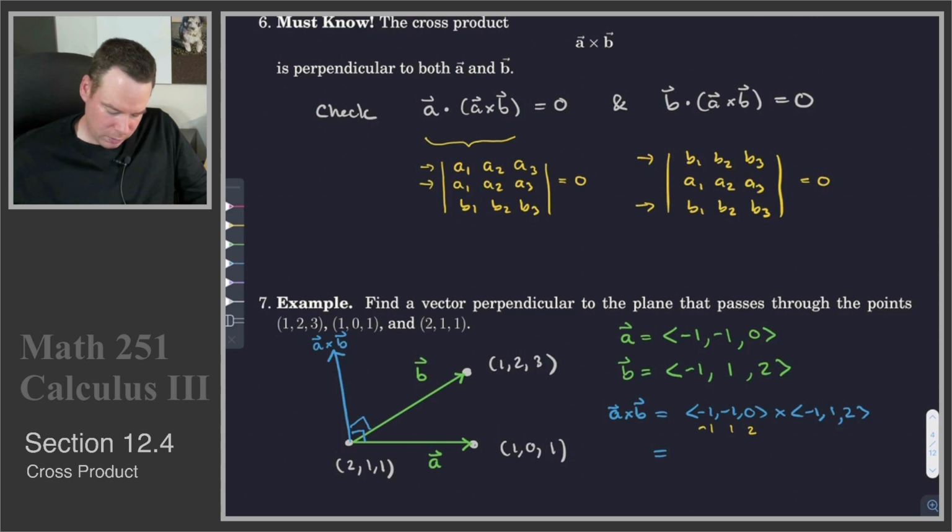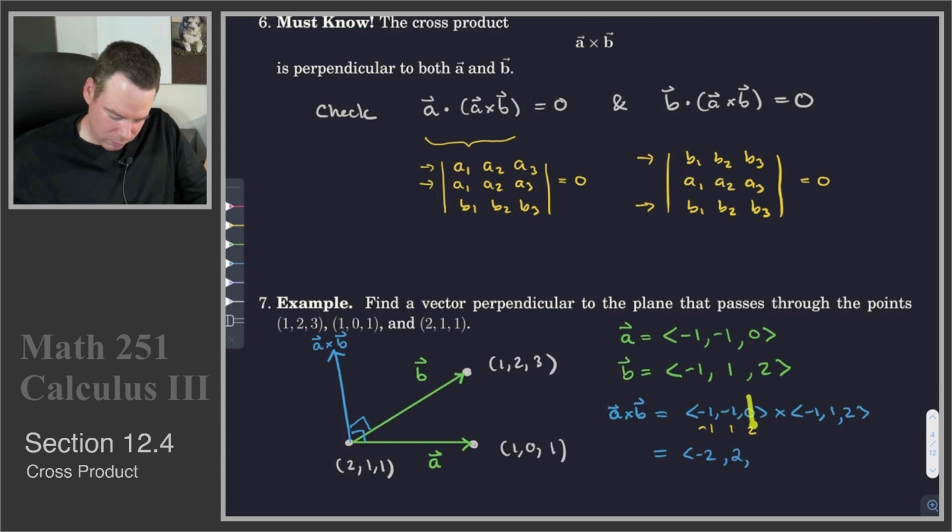What's our first value? Well, let's cover up that column, and it's negative 1 times 2 minus 0, so that would be negative 2. The next one, I'll throw a negative sign in there, cancel the middle one, it's negative 1 times 2 is negative 2, and then minus 0. So I've got a negative 2, and with that extra negative sign we get a value of 2 for that component.